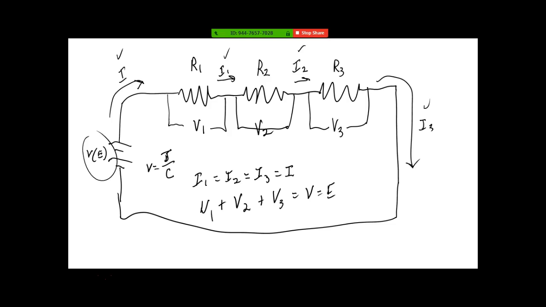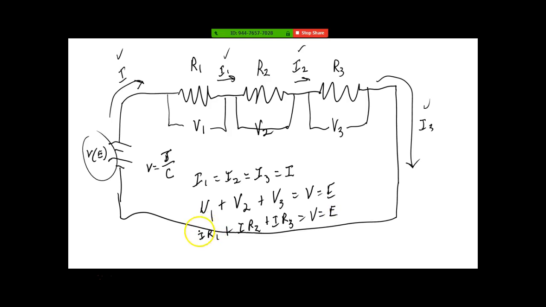are the same, then this is saying this would be I times R1 plus I, because it's the same current, times R2 plus I times R3, and that's equal to the total voltage of the battery, or you can call that E, whichever you want to call it.